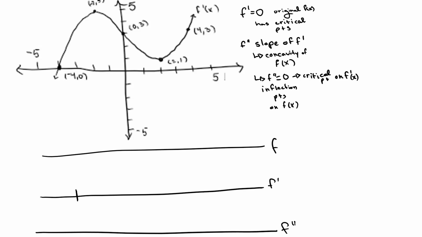So that x-intercept, just like we said, is going to be a critical point on our original function, because that's where our output, our f prime of x on this graph equals 0. So f prime is the slope of our original graph. So we've got that guy.